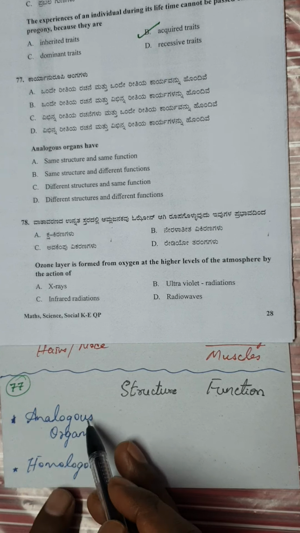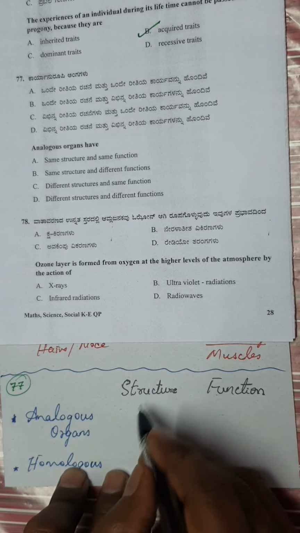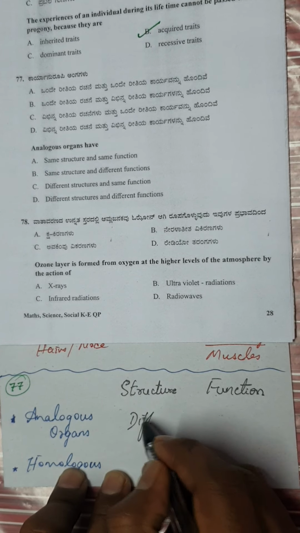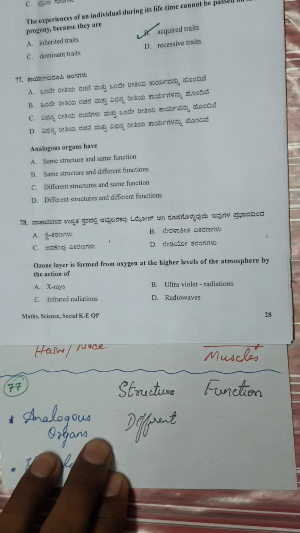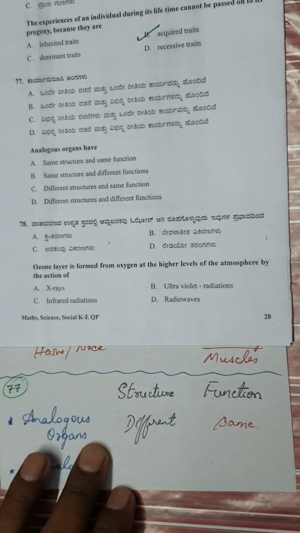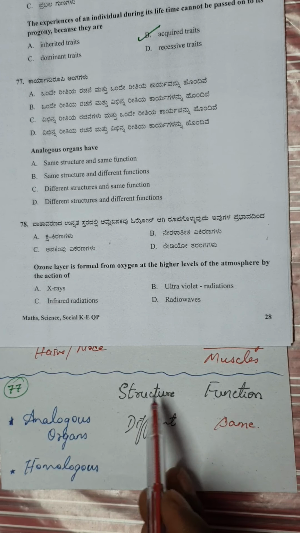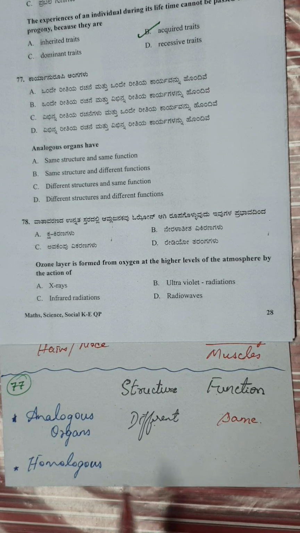Please note it down. In analogous organs the structures will be different, but the function will be the same. Are you following? For analogous organs the structures would be different, but the functions would be the same.